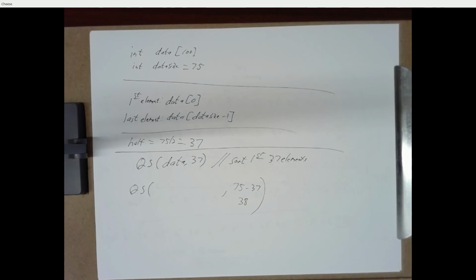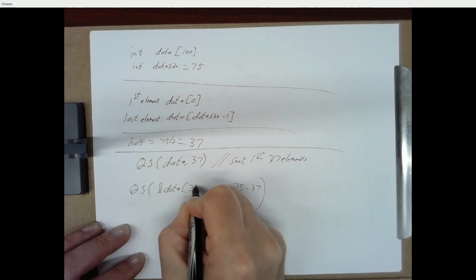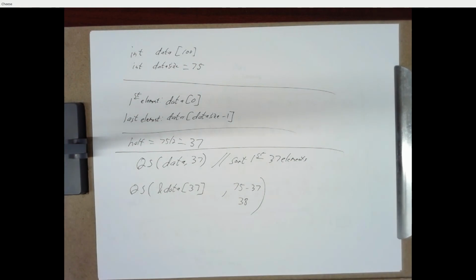You ultimately want to pass it the number, not element 38. So one way to do this is like this. Pass it the address of element 37.